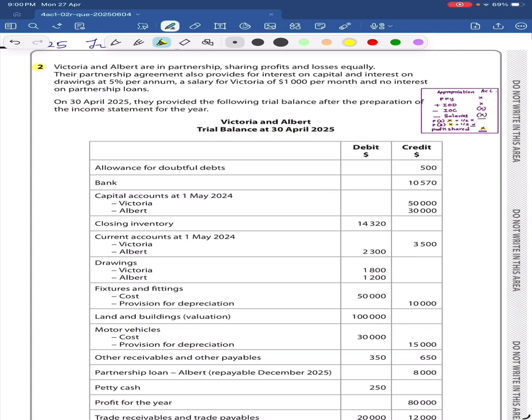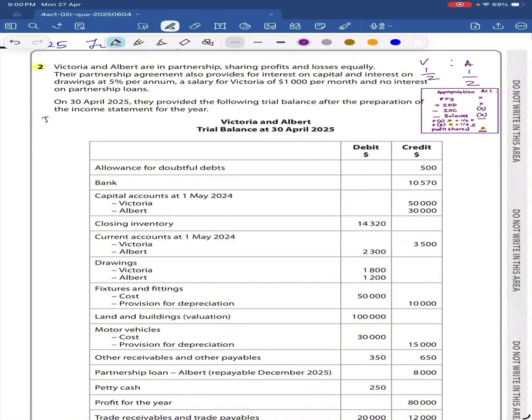Victoria and Albert are in partnership, sharing profits and losses equally. Means the profits are shared equally between Victoria and Albert. That is half. Their partnership agreement also provides for interest on capital and interest on drawings at 5% per annum.